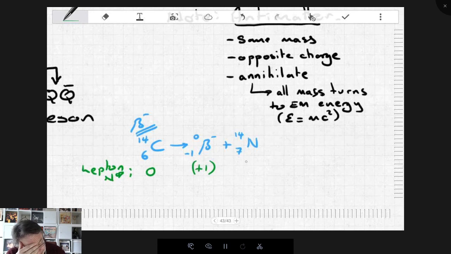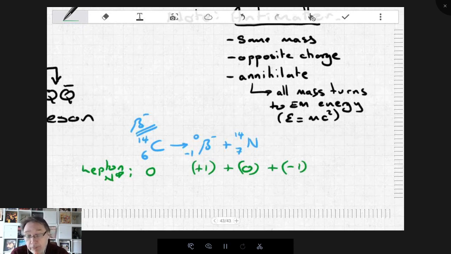And nitrogen 14 has no leptons, so it's 0. So this doesn't work because 0 does not equal +1 plus 0. So in order to make this work, I have to add a -1. I need another lepton, but it needs to be an anti-lepton because of the minus. And it cannot mess up the baryon number, the top number, and that's fine because it's going to be a lepton.